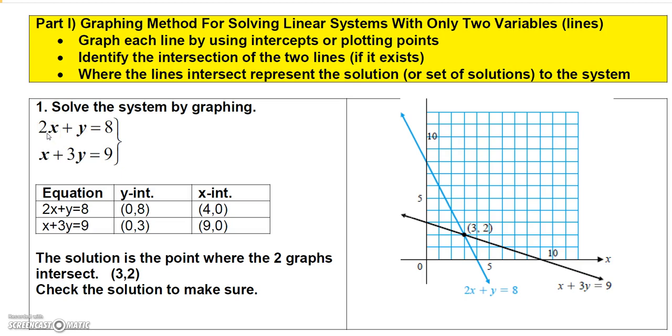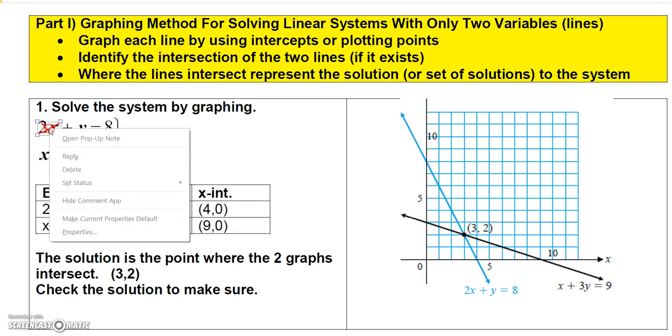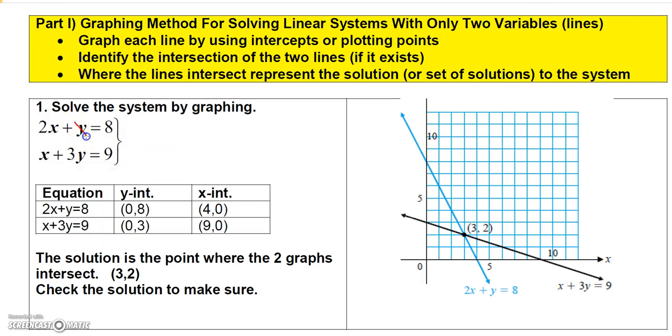If you let x be 0, that would cancel out this term, and you can see y would be 8, so that would be the point (0, 8). And if you let y be 0, that would cancel this term out, and you would solve 2x equals 8, and so you would get x equals 4. So we know that this line goes through the point (0, 8), which is right here, and the point (4, 0), which is right here. And so you just draw the line through those points, and that'll give you the line for the equation 2x plus y equals 8.